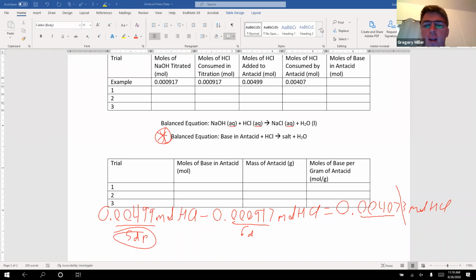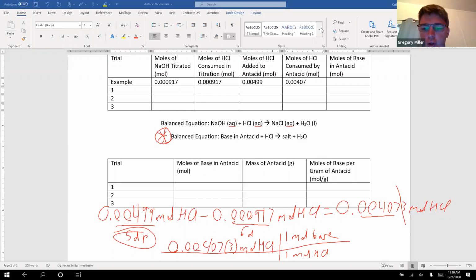If we assume it's 1-to-1, then we can do the same thing with 0.00407. I'm going to put this 3 in parentheses just to show that it's part of the number, but not significant. You could call it a guard digit. That way my mathematical answer will be correct, and then I can round it as needed.